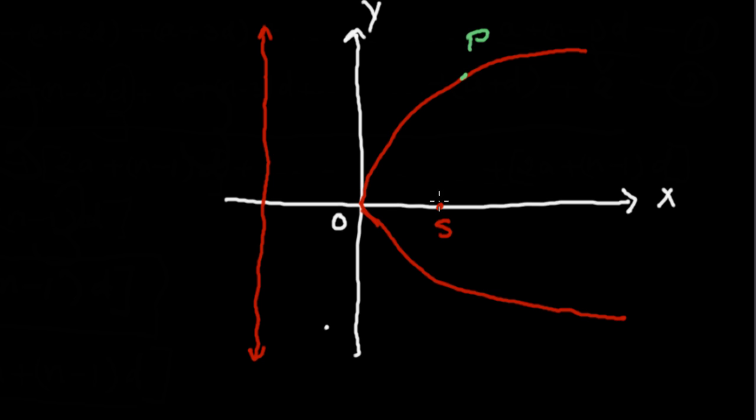The coordinates of focus are A, 0, and the coordinates of the variable point we always take as x and y.